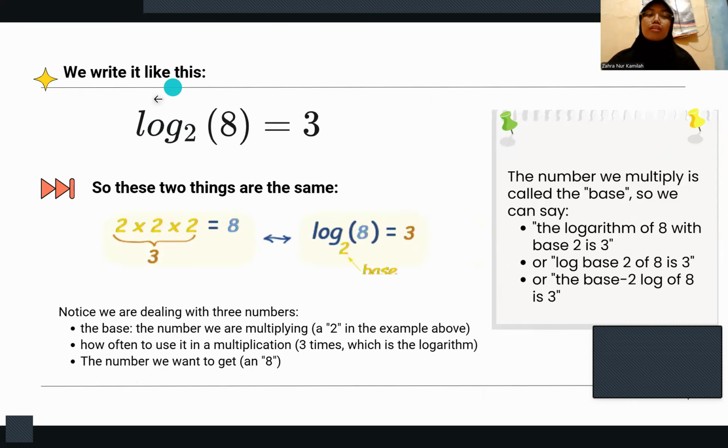Next, we write it like this: log base 2 of 8 equals 3.